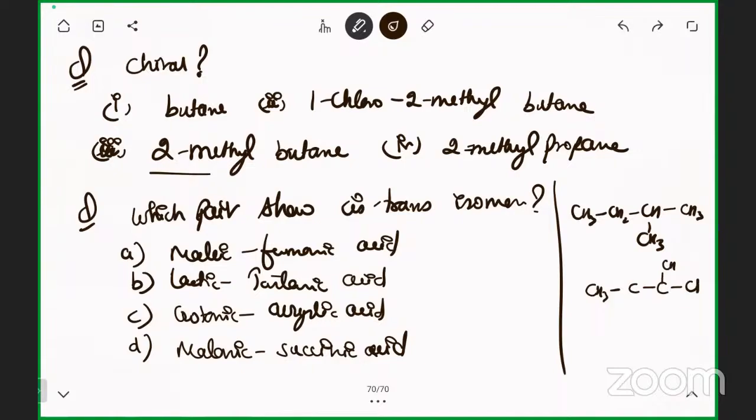It's on the second position. CH3, first 1-chloro, then 2-methyl, butane, and CH2, then CH3.